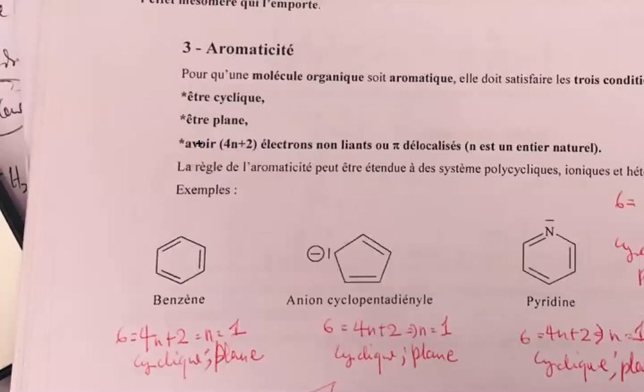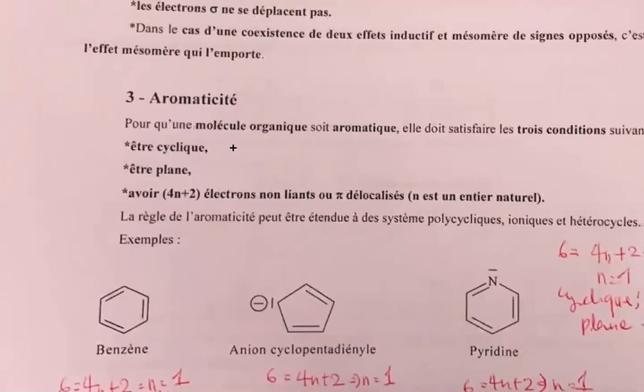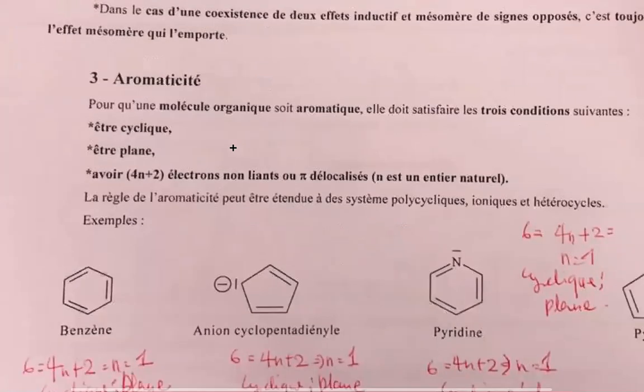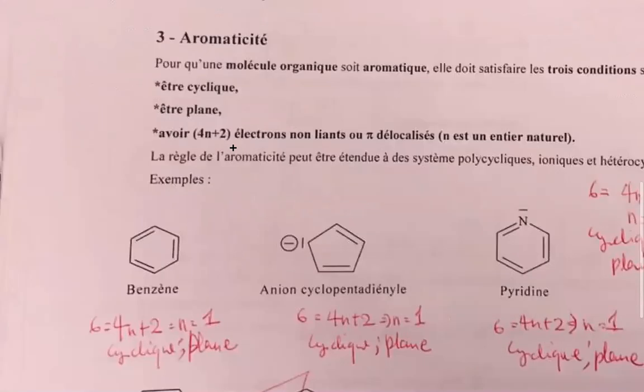I've just taken a photo and I'm sharing it with you. This is the formula to find out if an organic molecule is aromatic. Pour qu'une molécule organique soit aromatique, elle doit satisfaire les trois conditions. If it only satisfies 2 of them and does not satisfy 1, it means it is not aromatic.